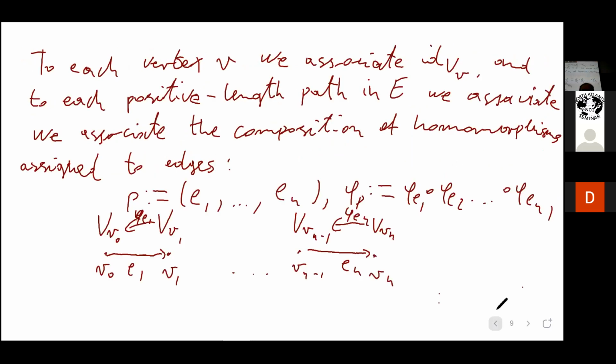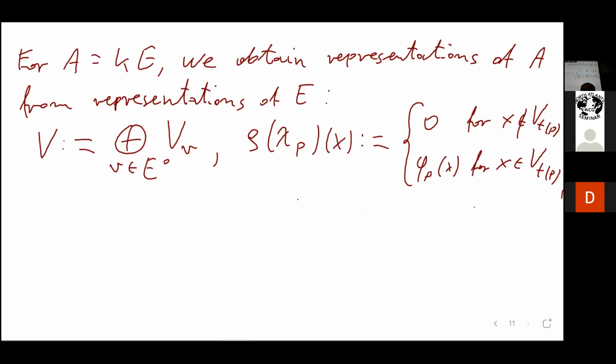The homomorphism phi p is a homomorphism from the vector space at the end of the path to the vector space at the beginning of the path. But x must be there, otherwise I just put it to 0. Obviously this is a linear map, so I can now claim that rho of chi p is an endomorphism of V.